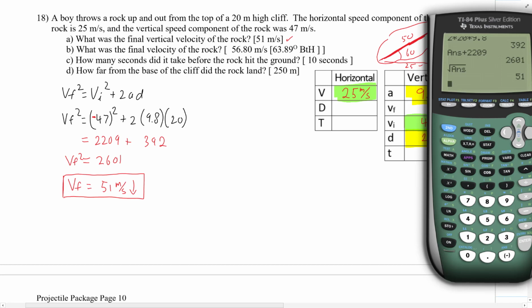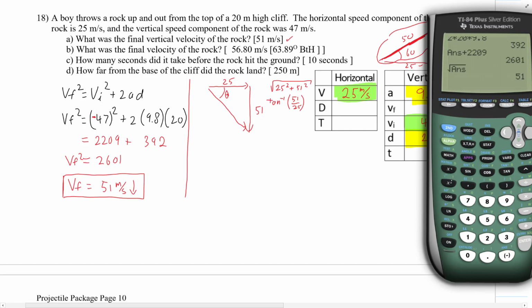Now what's the final velocity? Oh, okay, now it's launched at 25 this way, and it lands at 51 this way. So Pythagoras and inverse tan. So the square root of 25 squared plus 51 squared, and then we also have to do the inverse tan of 51 over 25. So let's do them.